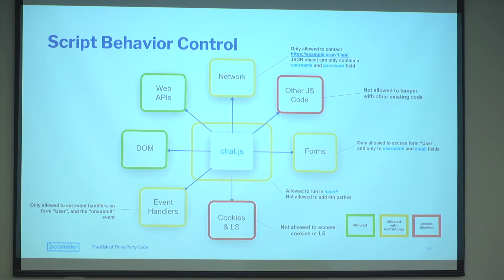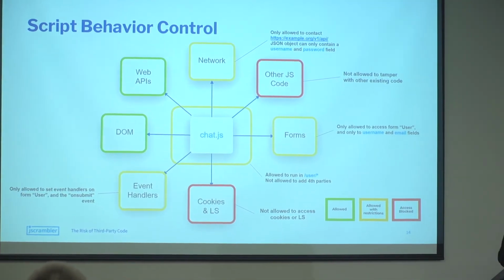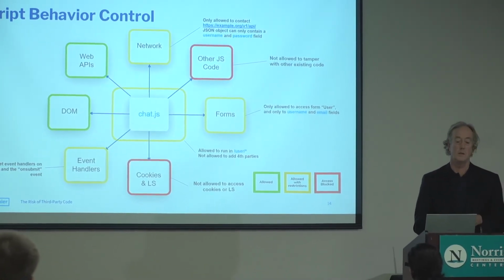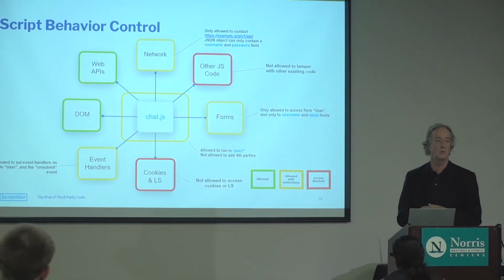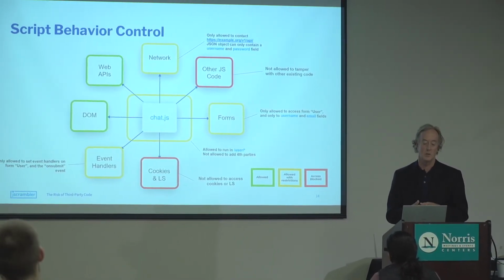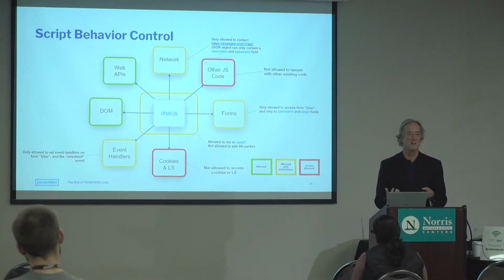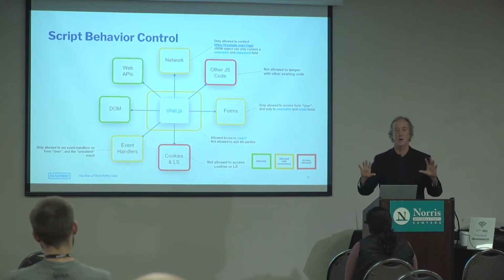And so first off, there's certain types of things like the DOM, web APIs, it needs to access in order to function correctly. And that would be a case where you'd open up access to those completely. And then there's others like cookies or other JavaScript code where it never needs access. So there's a case where you can just fence those off.